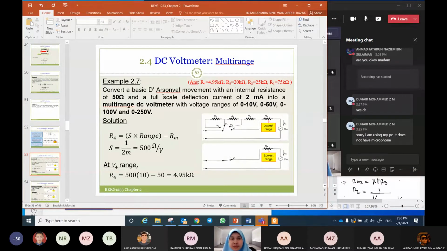with the PMMC, right? So for a multi-range DC voltmeter, we connect a series of multiplier resistances to the PMMC. That's why, in the sentence to convert a basic PMMC into a voltmeter, we have to calculate RS.